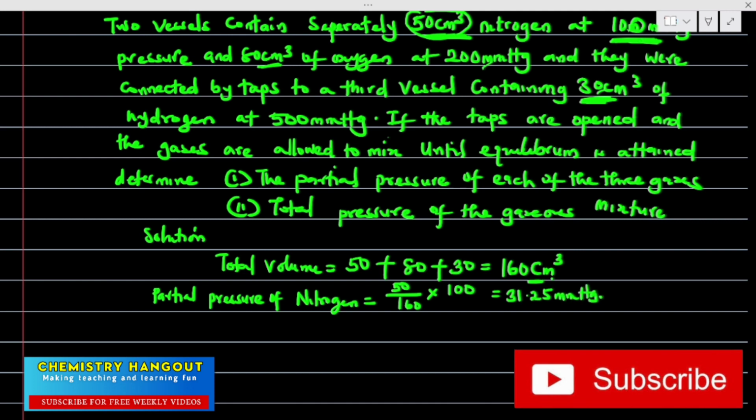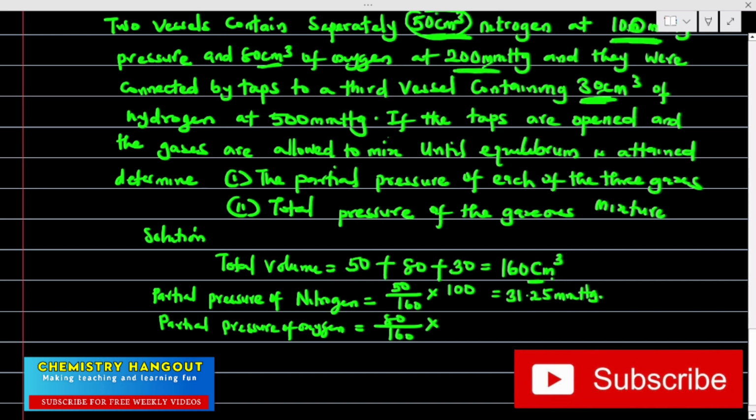I want to believe this is clear. From there we can get the partial pressure of what again? Of oxygen, using the same format. Oxygen will be 80, that's the volume of oxygen, over the total volume, 160, times the pressure oxygen was actually exerting, that's 200.